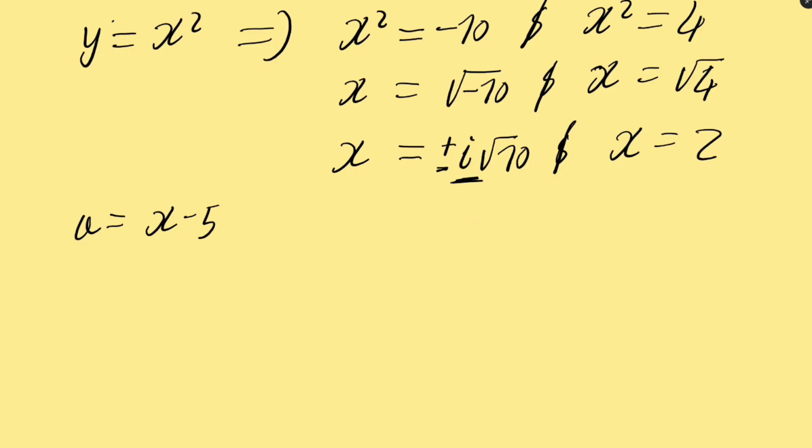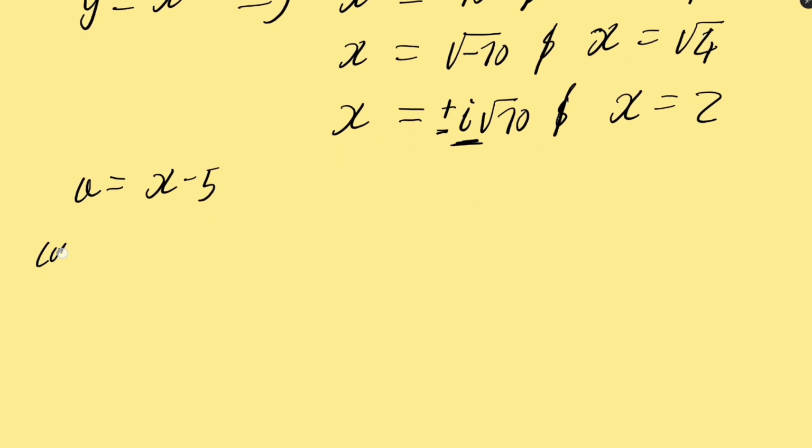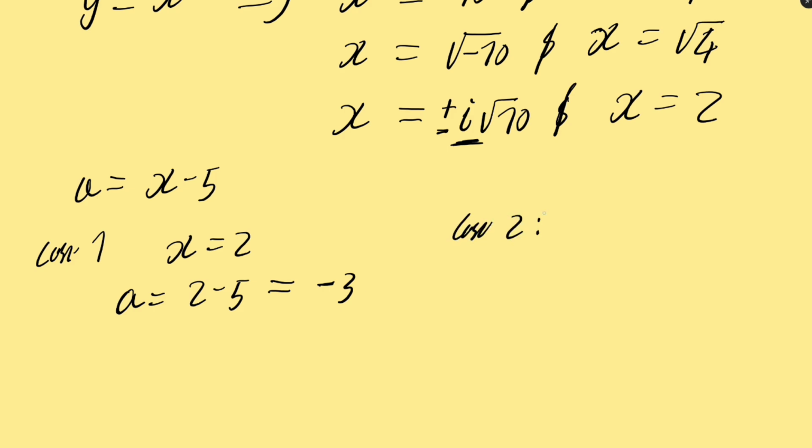So if we're looking for the real solution, we see that from case 1, when x is equal to 2, our a is equal to 2 minus 5, which gives us negative 3. And in case 2, when x is equal to negative 2, our a is equal to negative 2 minus 5, which is equal to negative 7.